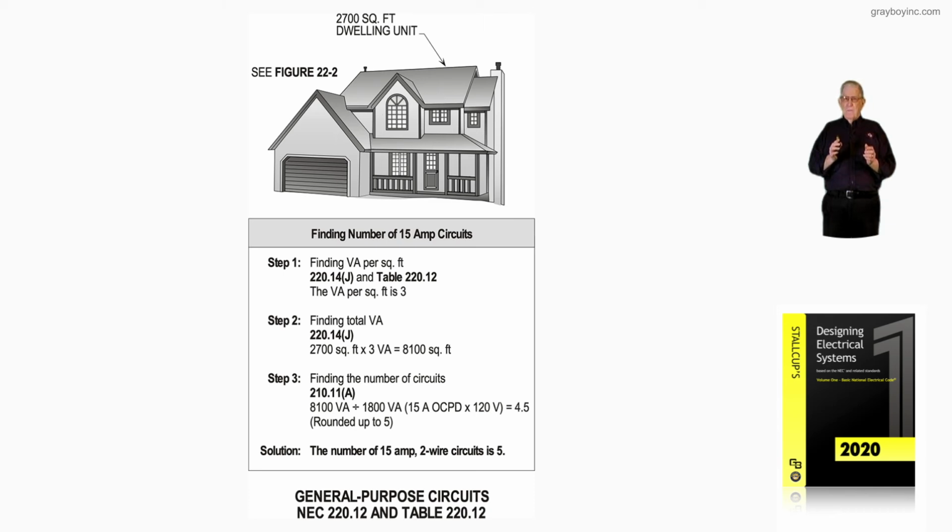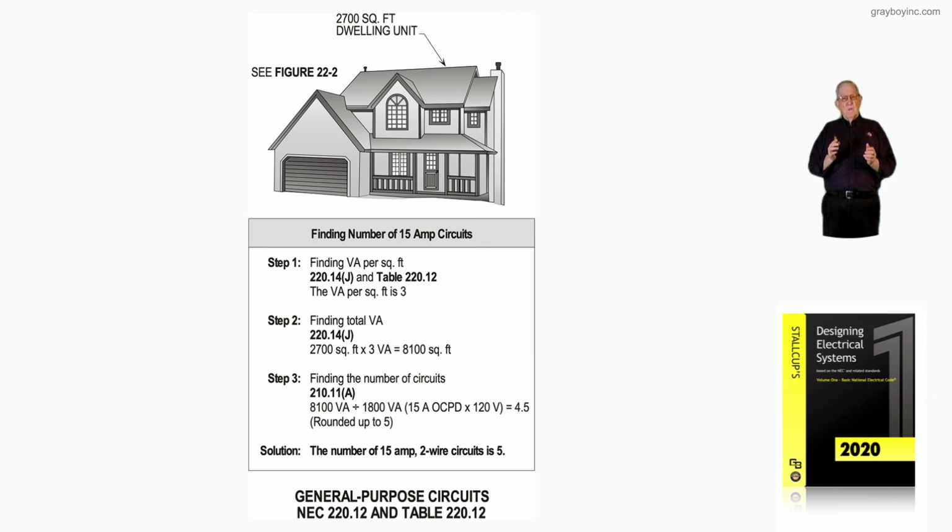But if there's no electrical ordinance that changes the NEC's requirements, then you could put as many outlets as you wanted in the square footage of 15 times 120, which would be 1,800 VA.